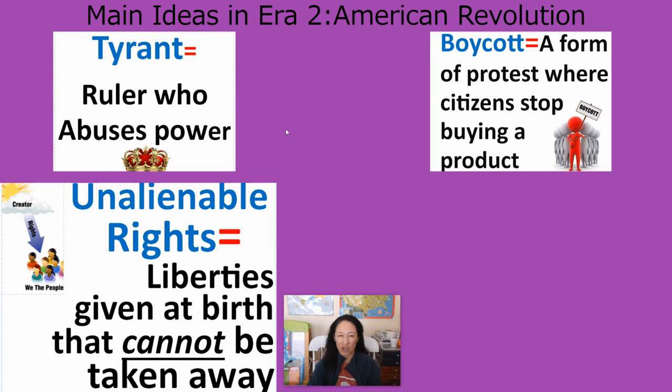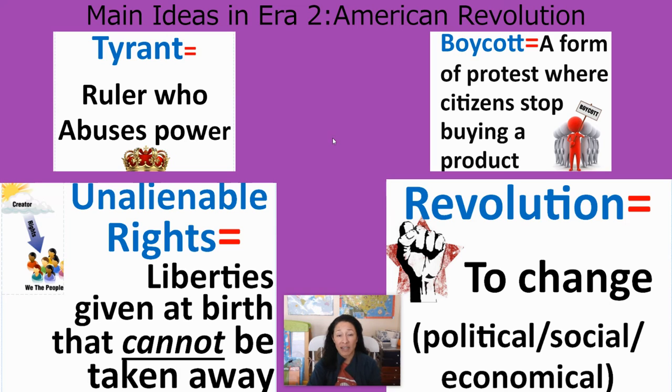The king was really trying to take away some of these rights that the colonists wanted to ensure. And so finally, we revolutionized. The colonists fought the king for their independence, winning the change to the political system in the colonies, which then became the United States of America.